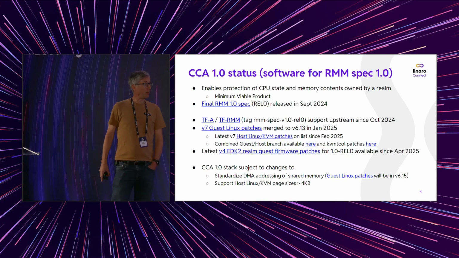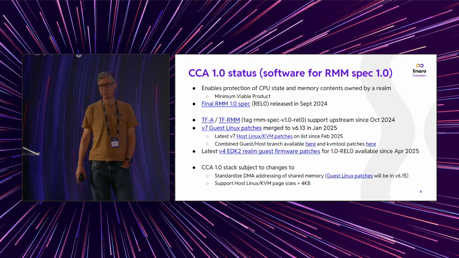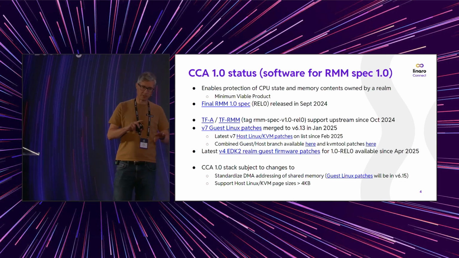The Realm guest firmware, which we use EDK2 for, the latest version 4 is targeting the EDK2 staging branch. That's been available since April. We hope that's going to land pretty soon as well. There's a couple of caveats there: it's subject to change because the initial set of patches didn't standardize the way we do DMA addressing of shared memory.